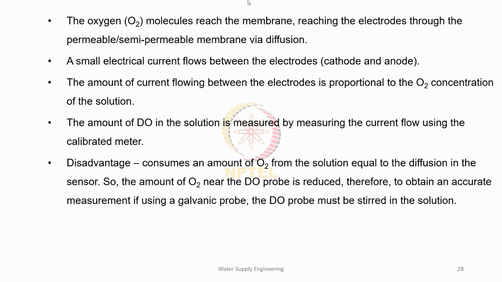So whatever value it is giving will be lesser than the actual dissolved oxygen in the solution, because some amount will be reduced near the dissolved oxygen probe. So if we have to obtain an accurate measurement, if we are using a galvanic probe, then we have to stir the DO probe in the solution.